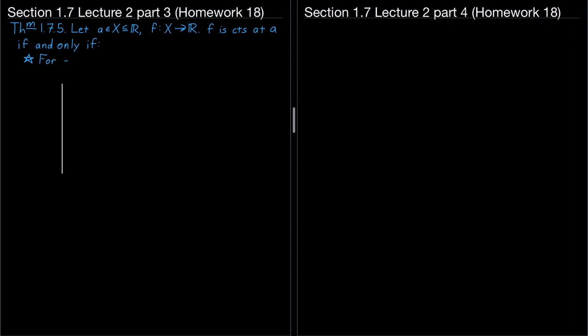And this is complicated. For every positive number epsilon, there exists a positive number delta such that if x is both in X and the distance from x to A is less than delta, then the distance from f of x to f of A is required to be less than epsilon.